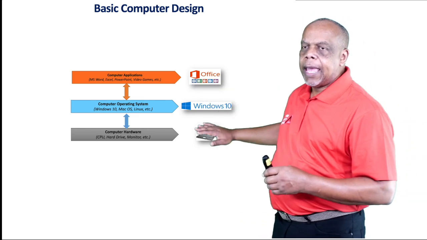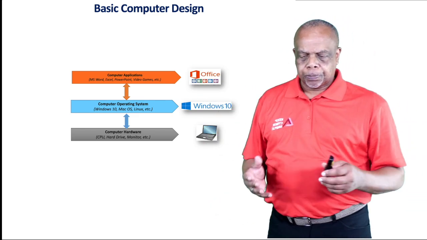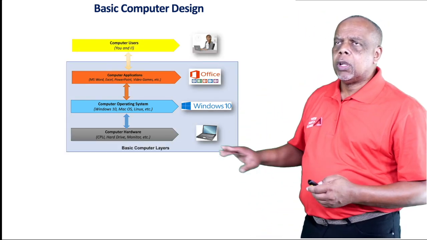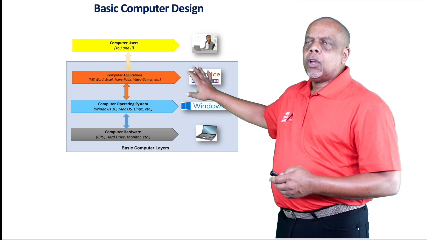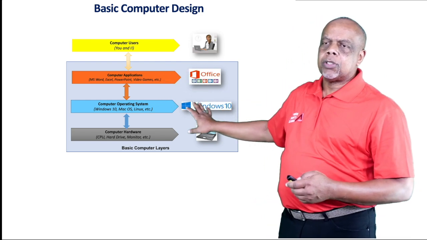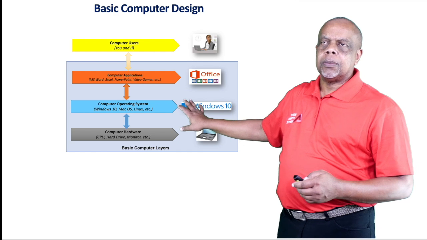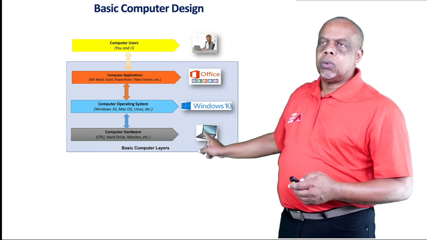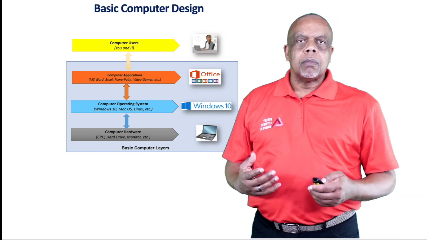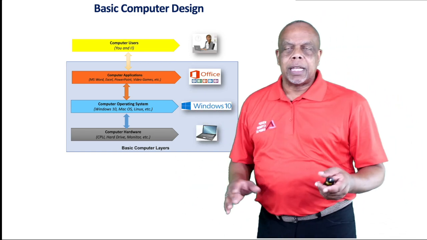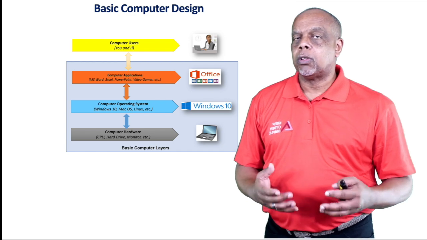So you see we have a stack, and it's done this way by design. Why? Because what you as the user interface with day to day are mostly computer applications, and those applications interface with the operating system. There are very few things as a user you can do to get to the hardware, because for security reasons those things are blocked. One exception is, for instance, Control-Alt-Delete on a Windows system.